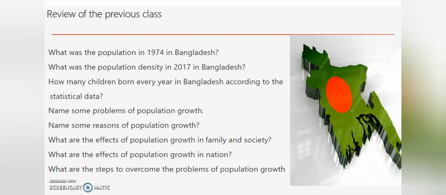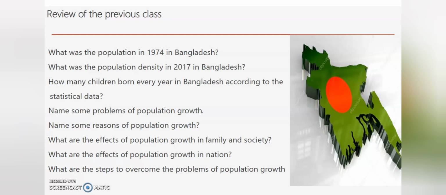Now, can you tell me the effects of population growth in the nation? Yes. I think you are talking about food problem, communication problem, unemployment problem, shelter problem, and health problem, as well as environment problem in our country.